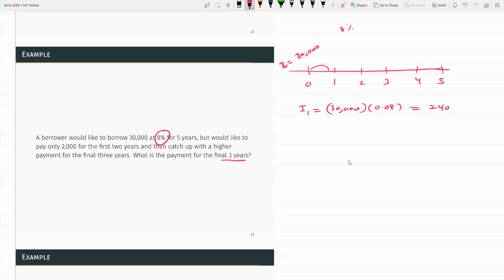That would be 2,400, no? But the borrower would like to pay only 2,000. So the payment is 2,000. That means the new balance at this point would be the old balance plus the unpaid interest. What's the unpaid interest?